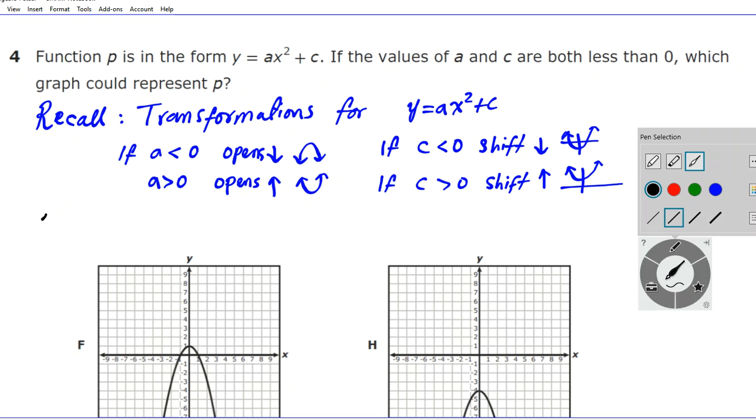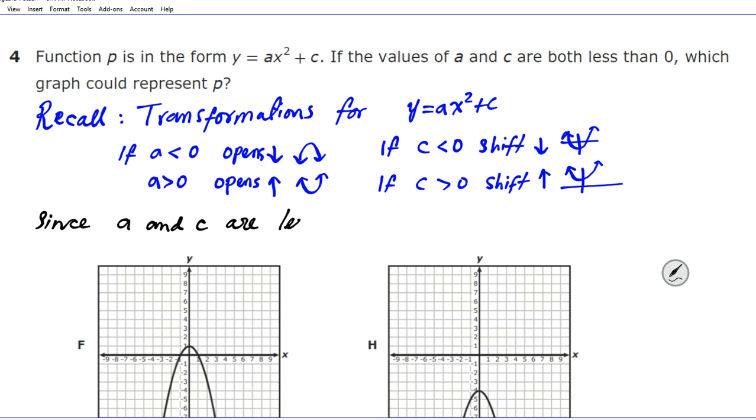So since a and c are negative or are less than 0, what does that tell us? We're looking at this scenario right here, less than 0, opening downwards, and this scenario right here, shifted down.